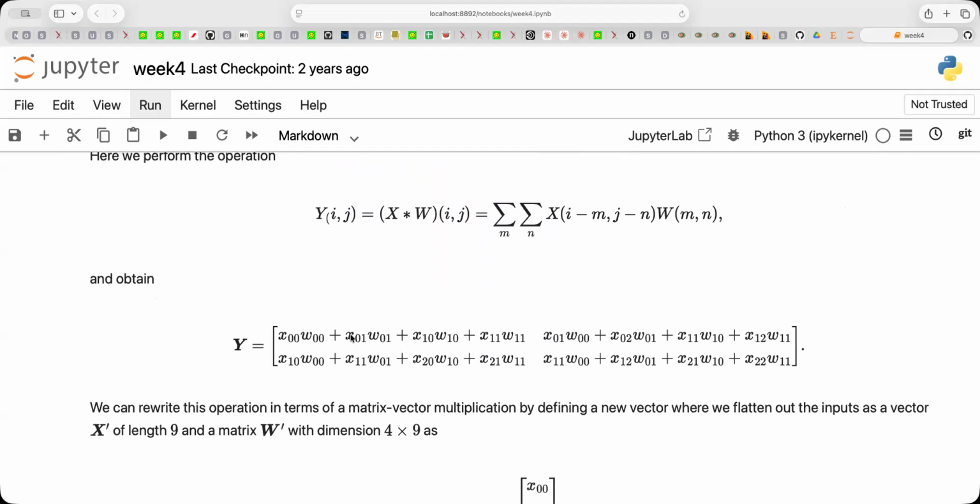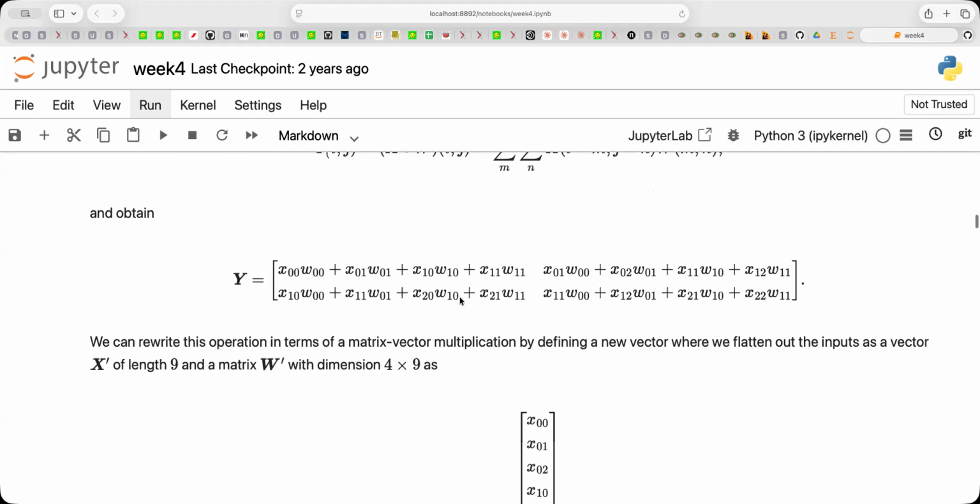This is what we put up before the break. This is the final matrix, which is a 2x2 matrix, and it contains these results. In this case we have zero padding, which means that x00 appears only in one of the elements here. But you can rewrite this, and this is the way you encode it in a more efficient way.